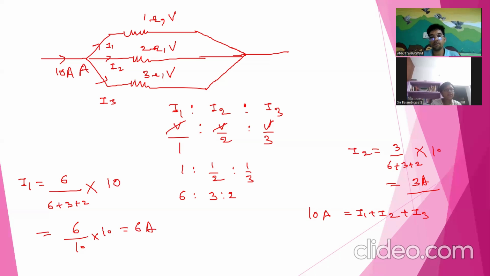Sir, actually the total part is 11, sir. Total 6 plus 3 plus 2. Listen, 10 ampere. I1 is what? 6 plus 3. I3 we need to find. I3 will be 10 minus 9. It will be 1 ampere.